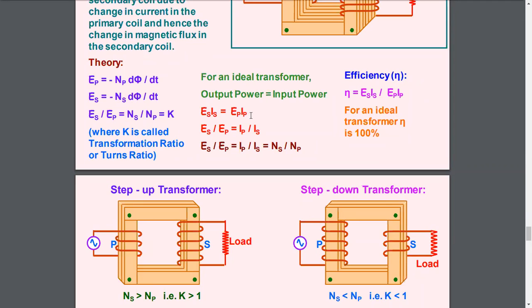This is valid only for an ideal transformer. But in a real situation, there is no ideal transformer. Every transformer will have a certain amount of resistance present, due to which some amount of input will be dissipated as heat and sound. And hence it cannot give 100% as output. Therefore, first we consider an ideal one, and then we will come to the real transformer.